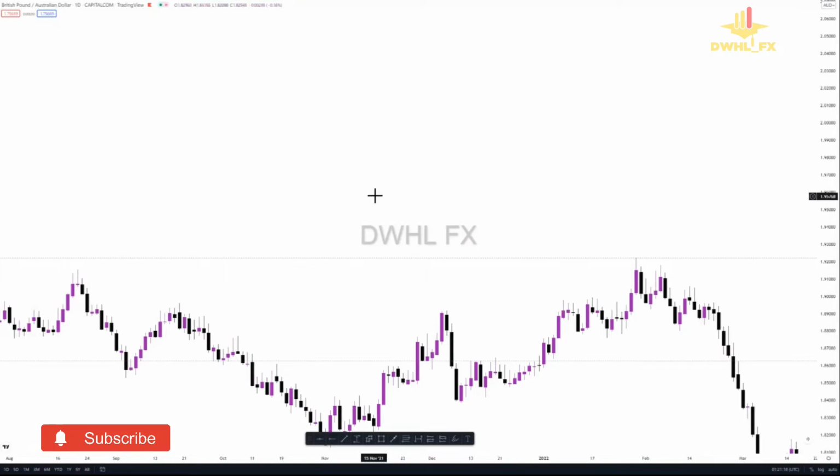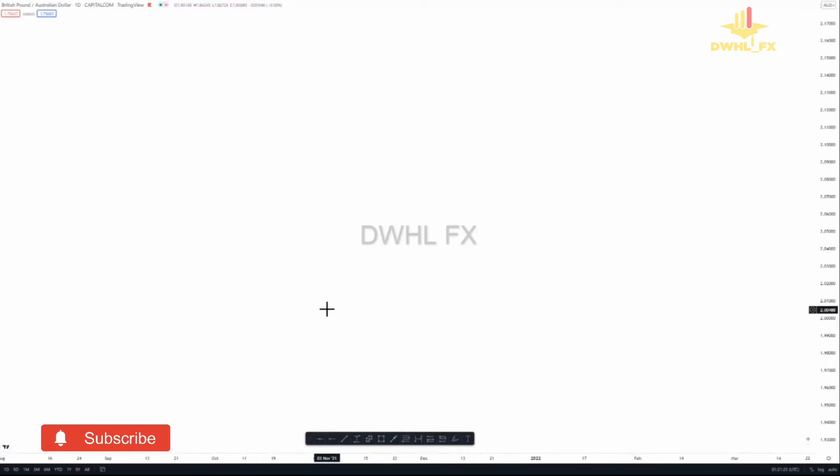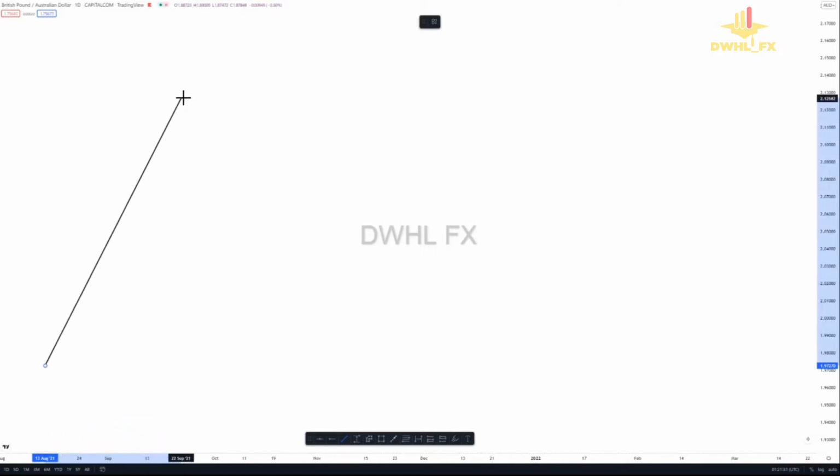Okay, so as we know, price, or the market, doesn't move in a straight line like this, or a straight impulse like this. No, the market moves in this format. Very basic, but extremely powerful.